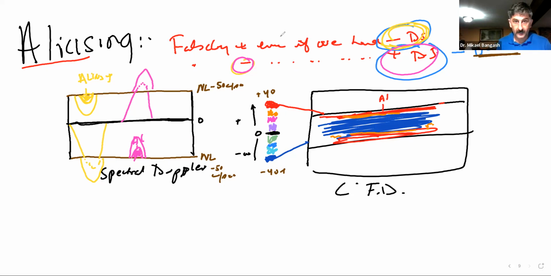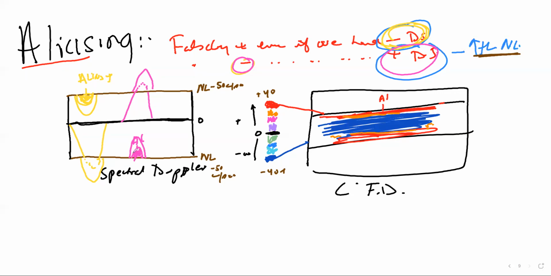Just like on a spectral Doppler, whatever your aliasing was is going to be displayed at the opposite extreme pole of your spectrum. If this was actually a positive Doppler shift, but beyond our Nyquist limit, it is going to be displayed at the extreme negative pole. Did you ladies get that?